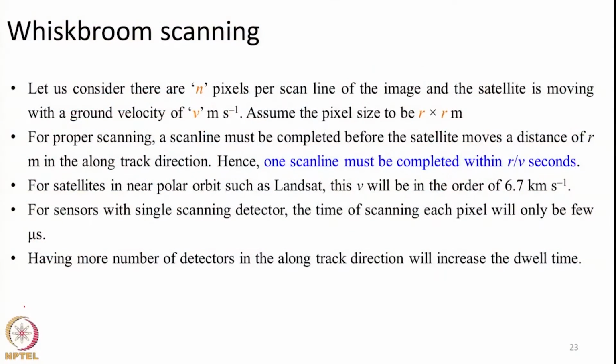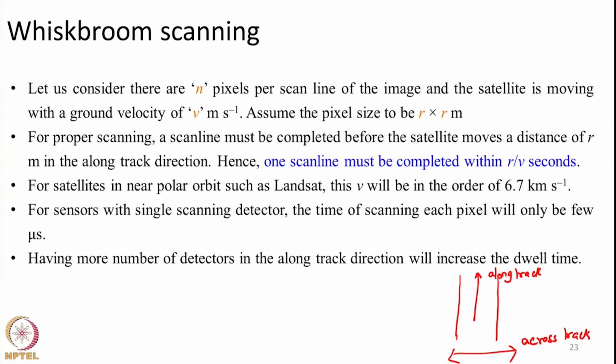So, let us consider there are n pixels per scan line of the image. Let us say the satellite is moving like this, this is the along track direction, and the scanner will be scanning like this, this is the across track direction. Okay.